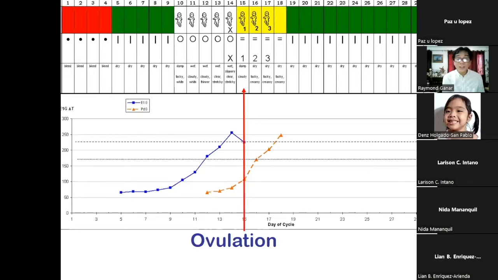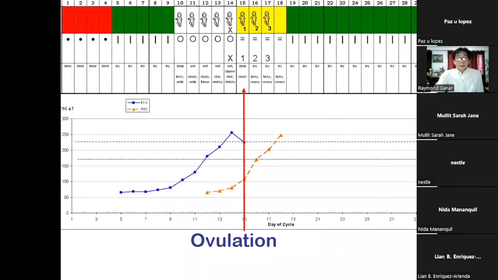It is the highest where? First day of the... Look at the color blue. The estrogen is at its highest point where? What day? Day of? 14th day. Day of? Peak. Peak day. Right? Because peak day here is not the day of ovulation. The day of ovulation is day 1 after the peak. And the rule says estrogen will be at its highest point before the day of ovulation.